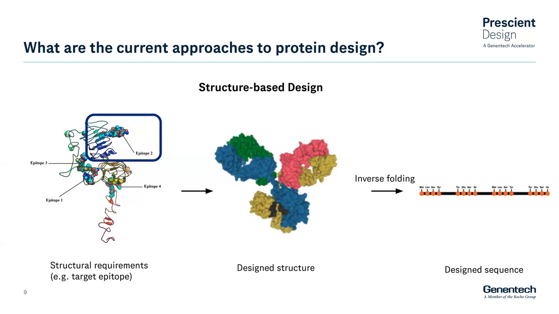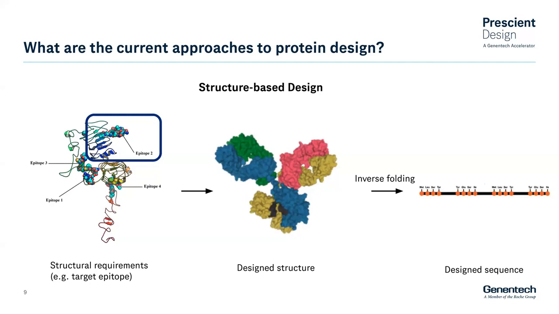The upshot is you've specified your objective in structural terms. Then you design a structure that meets these specifications, and then you map back to sequence space via inverse folding. This is starting to get a bit blurred with the advent of sequence-structure cogeneration.